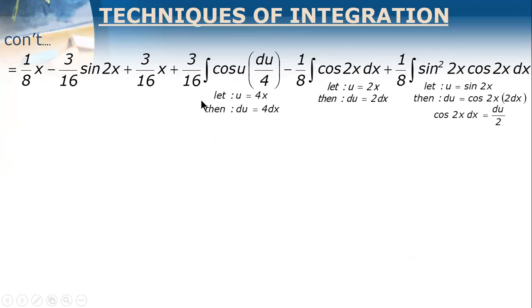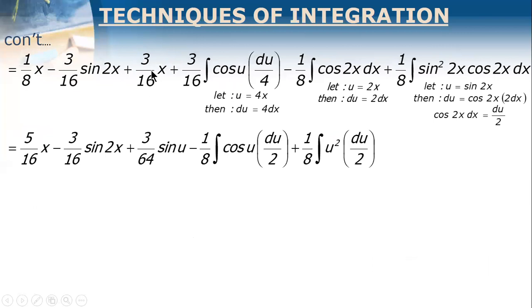So, integrate. 1 over 8x plus 3 over 16x is equal to 5 over 16x minus 3 over 16 sine 2x, and then 3 over 64 integral of cosine u sine u minus 1 over 8, that's cosine u dx du over 2, and then 1 over 8 sine squared 2x is u squared, while cosine 2x dx is du over 2.